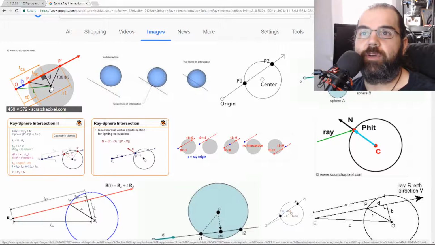So we're going to take our center and project it so we can find this point, which is tca. Once we know this point, we can test to see if it's inside the circle or inside the sphere. From there, we use the triangle, I think it's the Pythagorean theorem, to measure triangles.